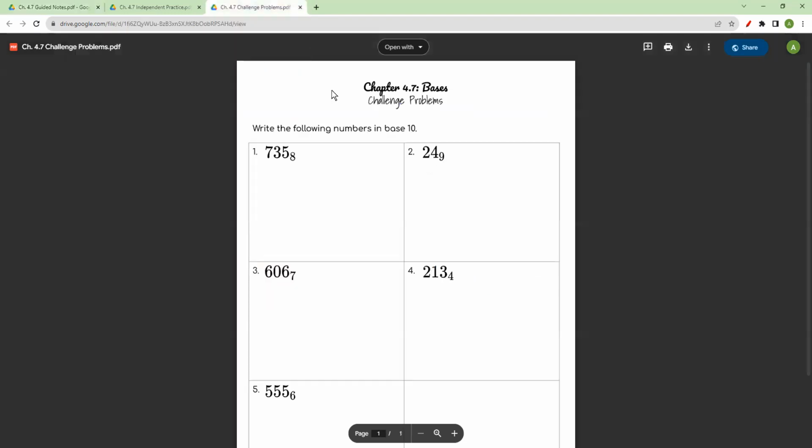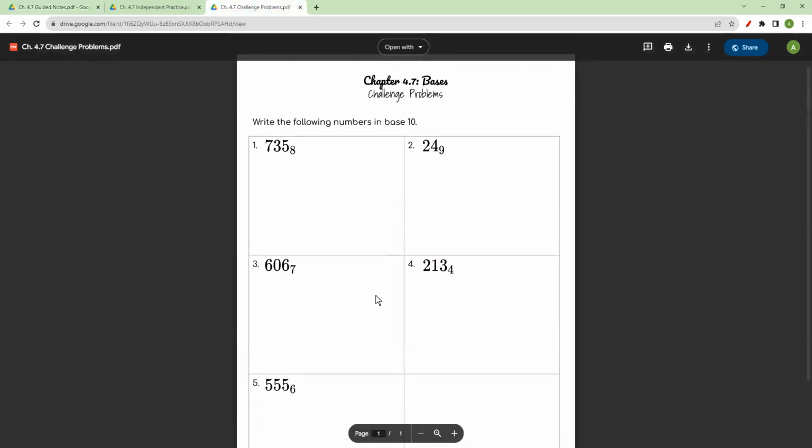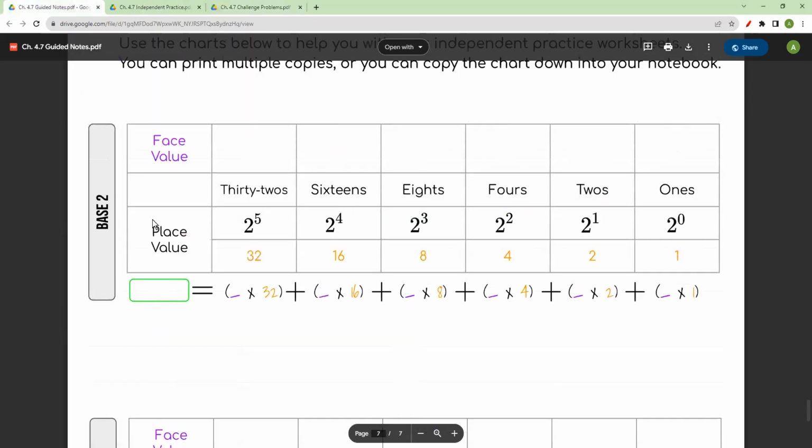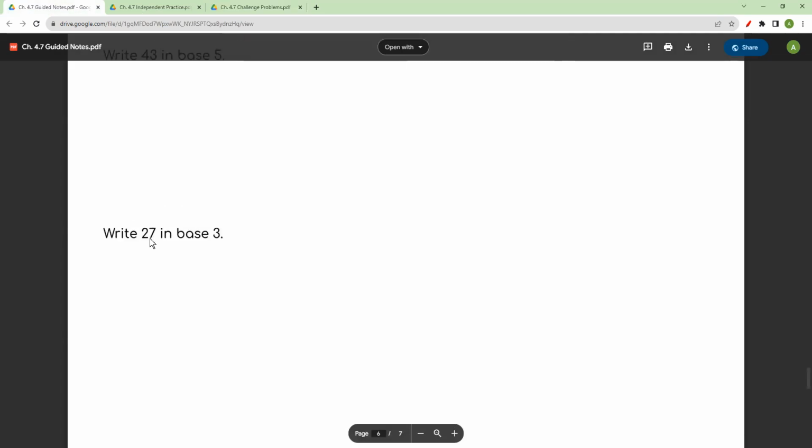The challenge problems are basically taking numbers in different bases and writing them in base 10. So you have 735 base 8. What does that equal in base 10? That's actually, it might not be quite like the one we did in class. It's opposite of what we did here.